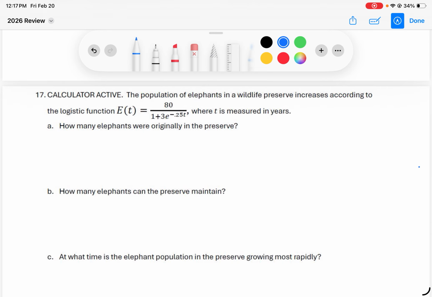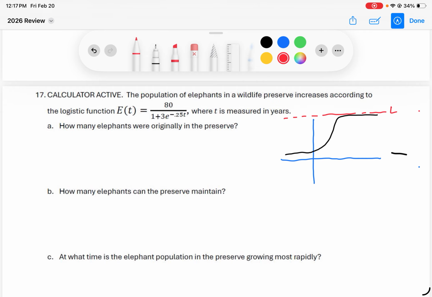The main thing I want you to remember is that with logistic population growth, it grows slowly and then really fast and then slows off and levels off. This point up here is called the limiting value or the carrying capacity.